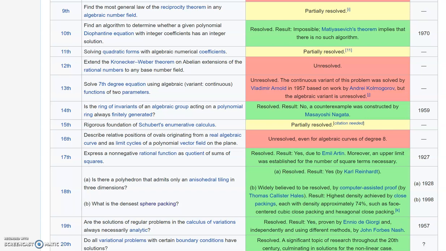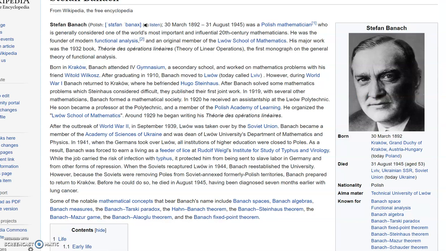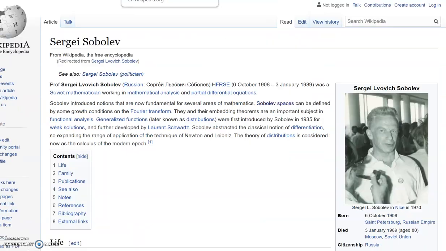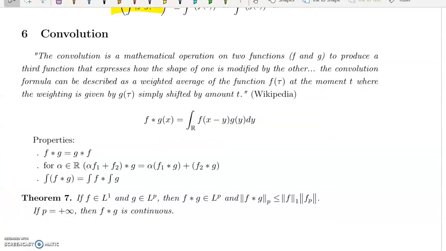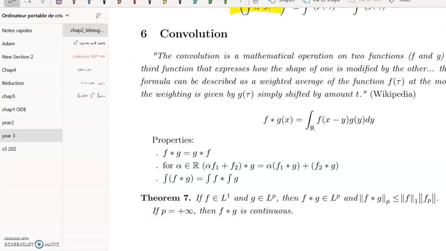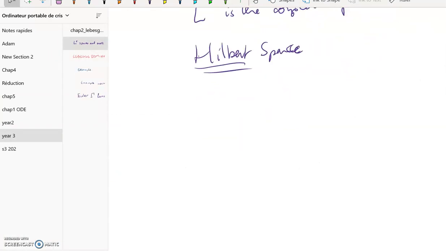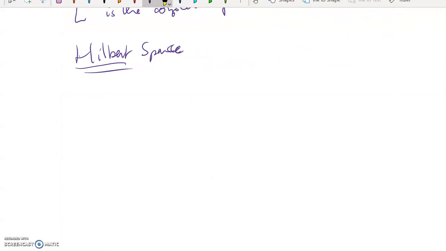Okay, so that was Hilbert. We talked about Banach. And last one, Sobolev. I didn't cite the Sobolev spaces, but Sobolev came a bit later. He was a Russian mathematician. And the Sobolev space, let me just finish by giving you this. So Hilbert space, we talked about the L2 space, and that was the completion of continuous functions.